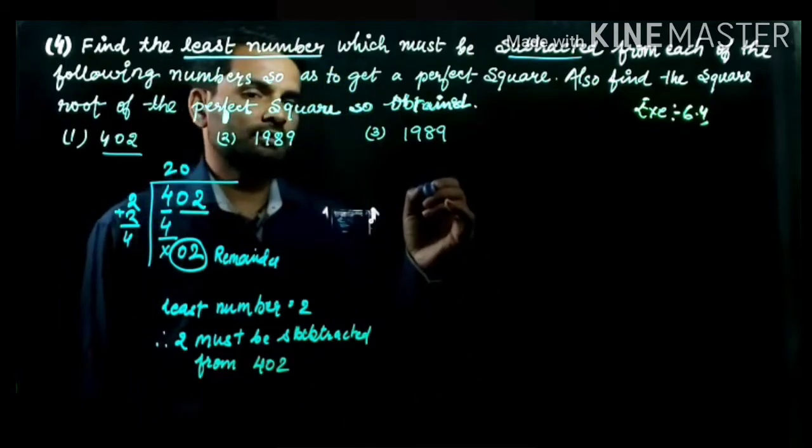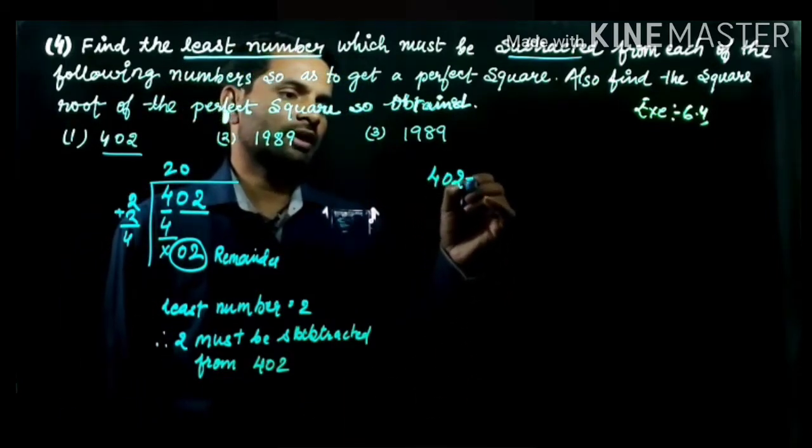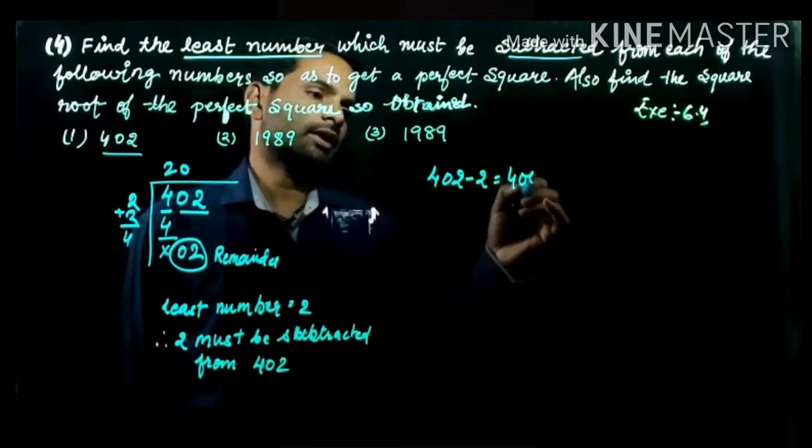Okay, it means that 402 minus 2 is equal to 400.